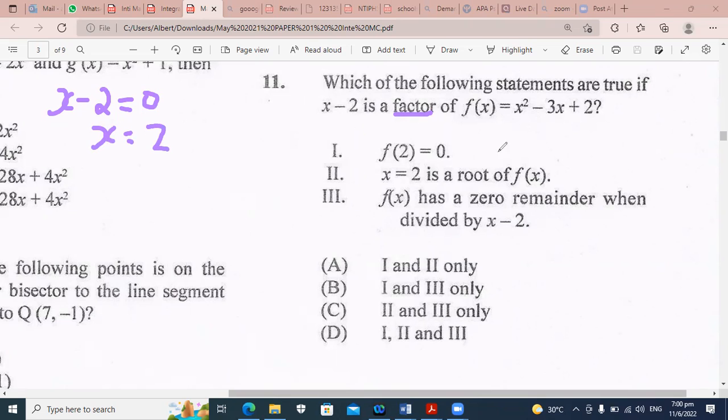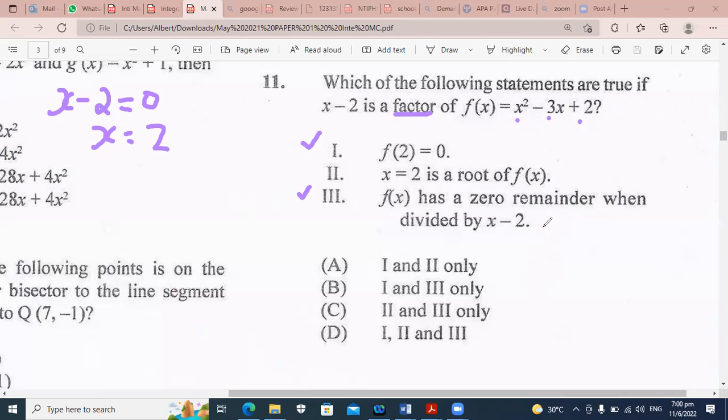What they're saying is, if you put 2 into this, you have to get 0, because that's the only way for it to be a factor. Statements 1 and 3 are basically saying the same thing: f of x has a 0 remainder when divided by x minus 2. So 1 and 3 are correct.